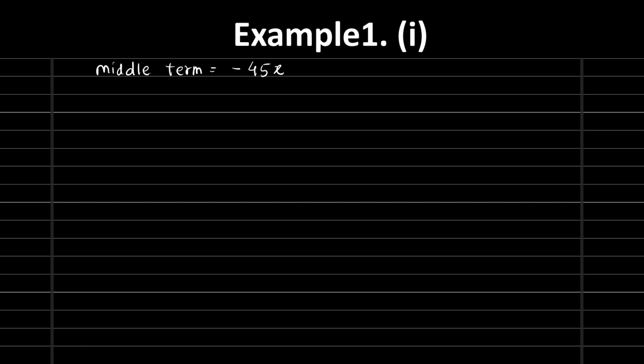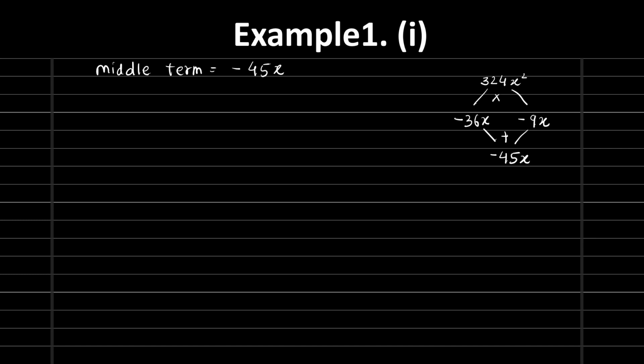You have to write two terms in such a way that their multiplication equals the multiplication of the first term and the last term, which is 324X square, and their addition gives the middle term, which is minus 45X. If we think, we get two such factors, minus 36X and minus 9X.